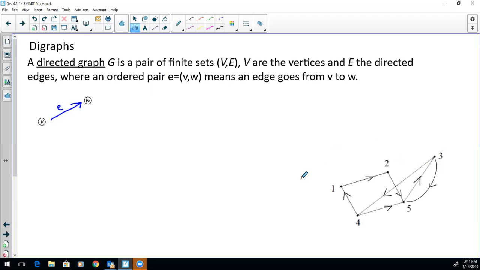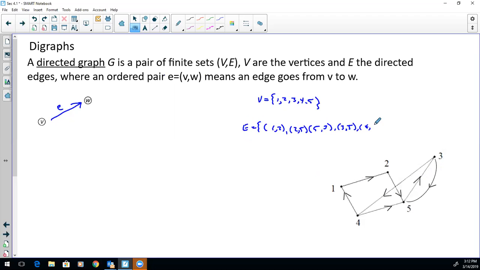Let's take a look at this. I've taken the previous set of vertices and put in some directions on some edges. So in this particular graph down here, set of vertices is still 1, 2, 3, 4, and 5. But by putting directions on these edges, and I've actually added an extra edge here, the order matters. 1 goes to 2, 2 goes to 5. Okay, we have a 5 goes to 3. We have a 3 goes to 5.